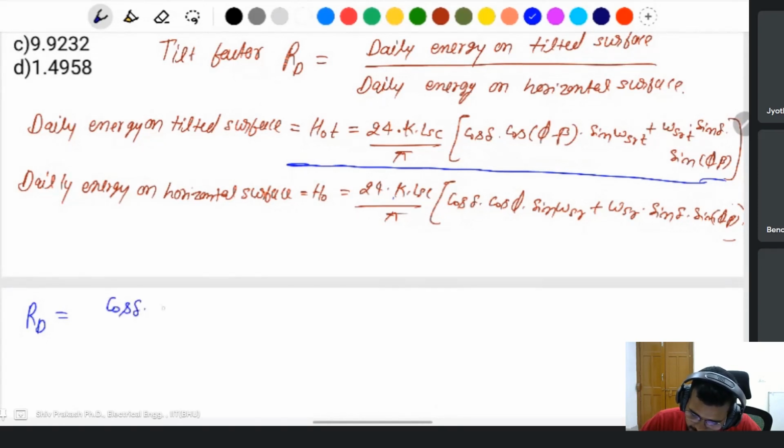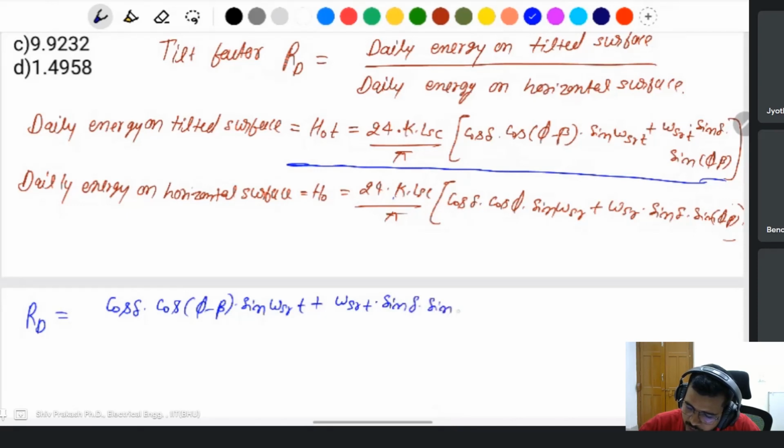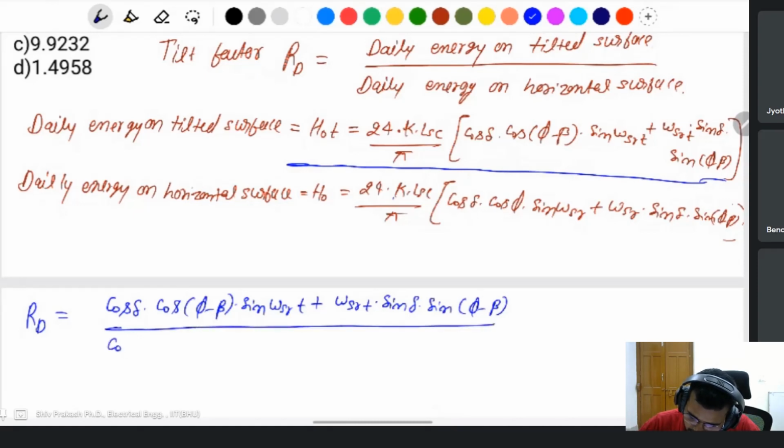We will have cos del into cos phi minus beta into sin omega SRT plus omega SRT into sin del into sin phi minus beta, divided by omega SR sin del into sin phi.